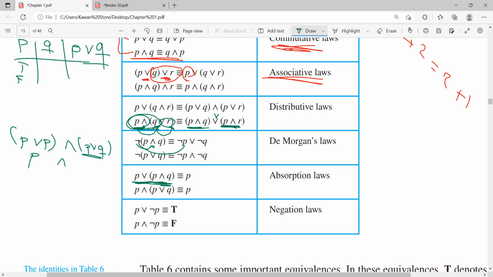True, true. False, false, right? True, false. Am I right? So when I use R, I'll get what? True, true, true, false. So how is that?